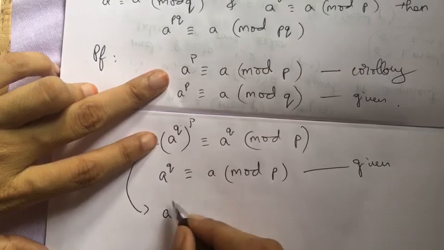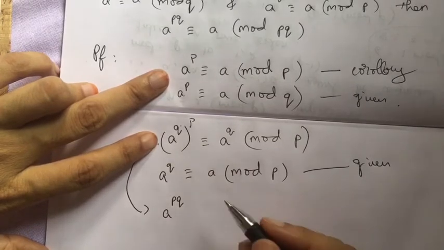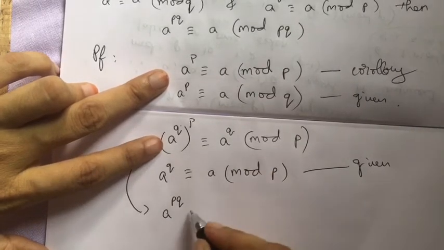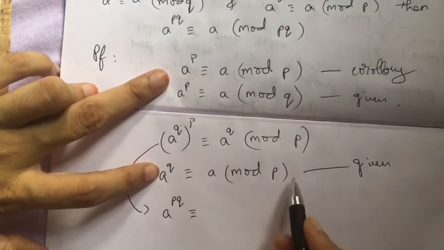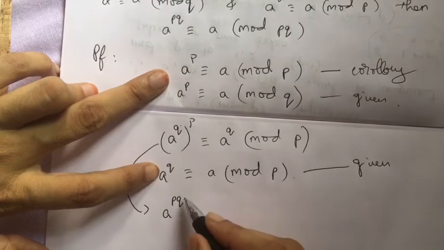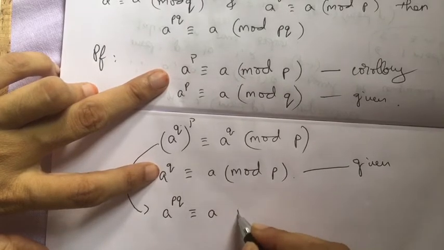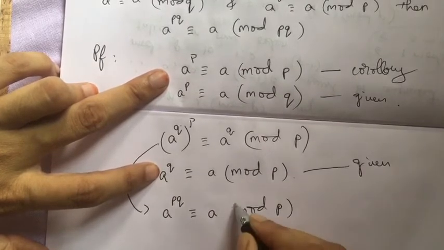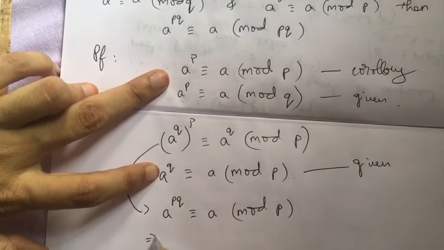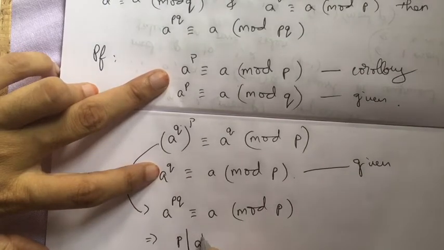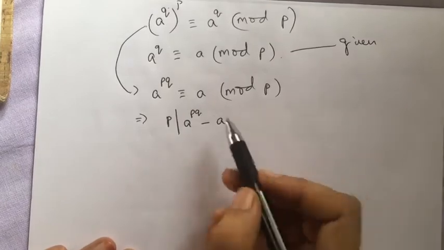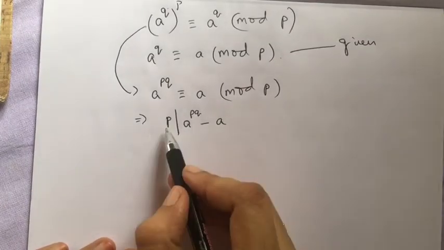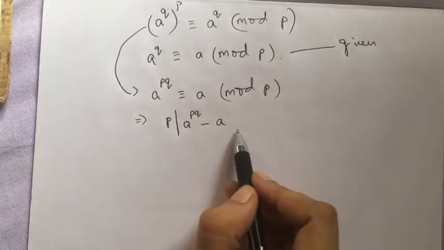This is a power pq, which is congruent to a power q mod p, and a power q is congruent to a mod p. Therefore I can write a power pq is congruent to a mod p, which means p divides a power pq minus a.